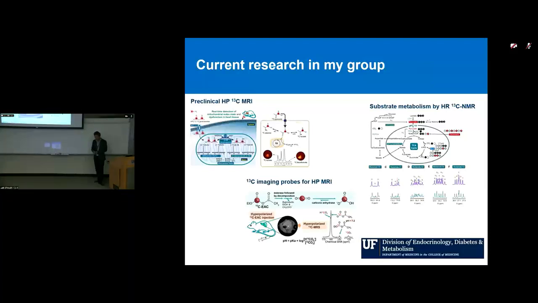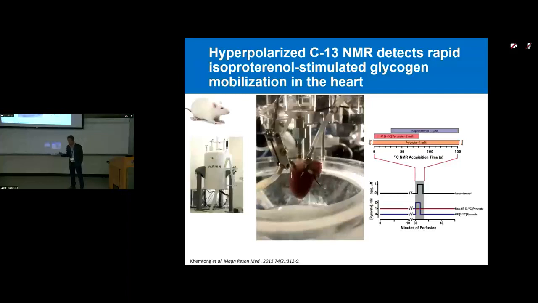So the first example that I want to show you is how we use hyperpolarized C-13 NMR to detect rapid glycogen mobilization in the heart. This is stimulated by isoproterenol in the perfused rat heart. The way we did this study is we isolated the heart from healthy rats, and then we perfused it using our perfusion setup.